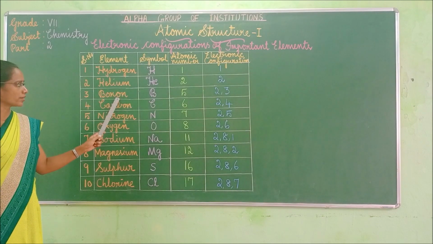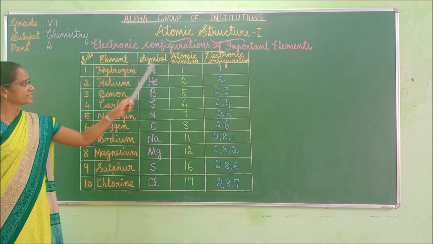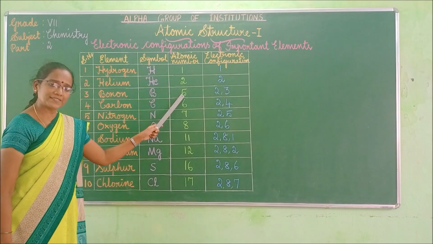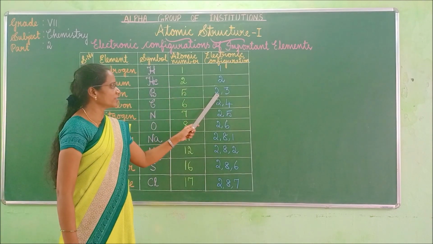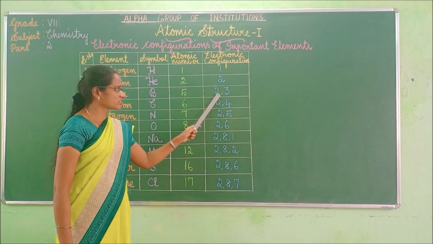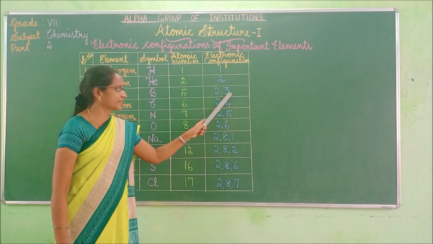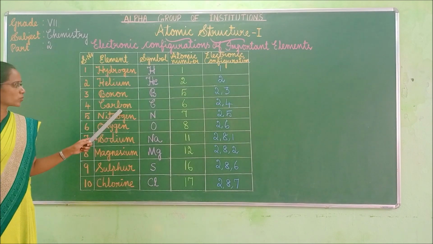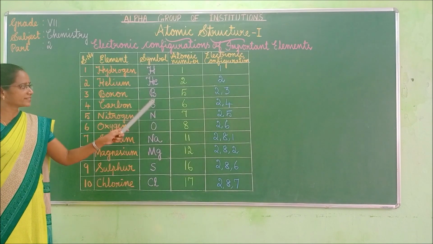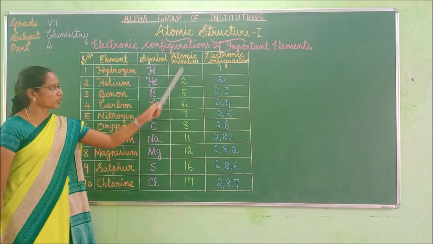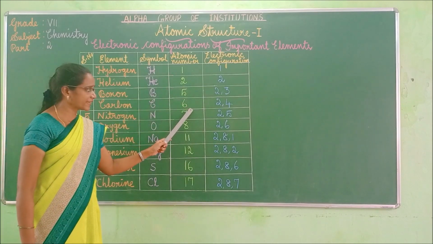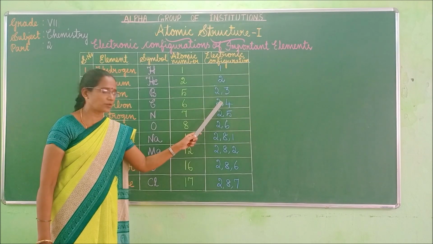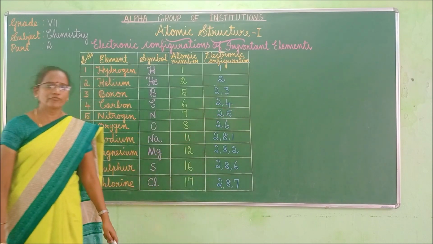Next one, boron. Its symbol is capital B. Atomic number of boron is 5. So the electron arrangement: in the first shell 2 electrons will be present and in the second shell 3 electrons. Next one is carbon. Its symbol is C and atomic number is 6. In the first shell or first orbit, 2 electrons are present and in the second orbit, 4 electrons.